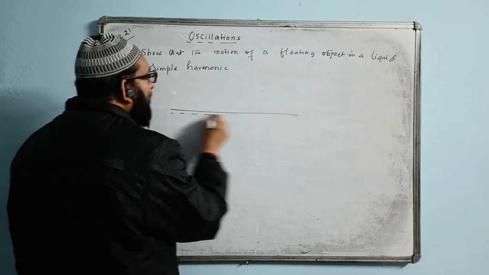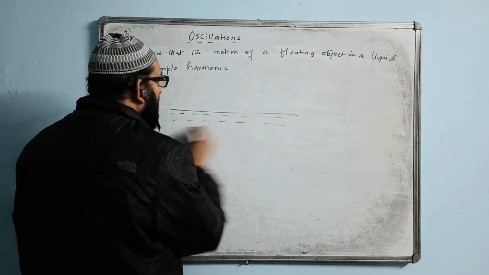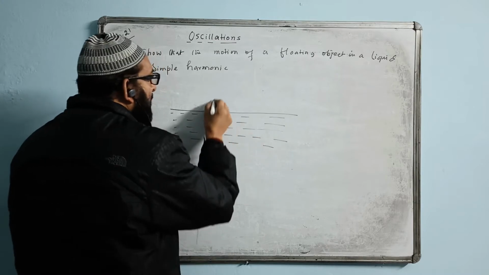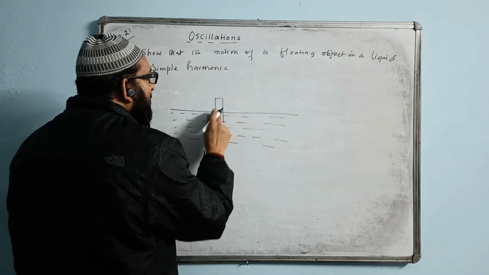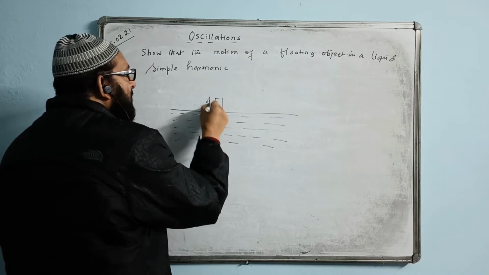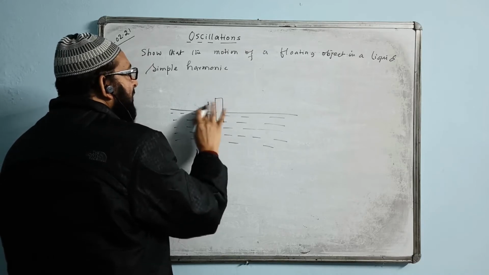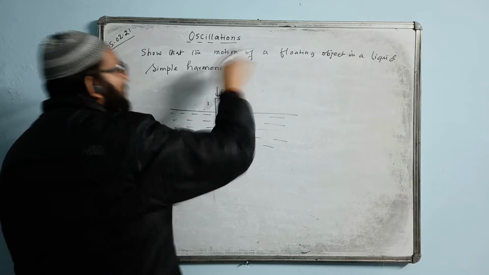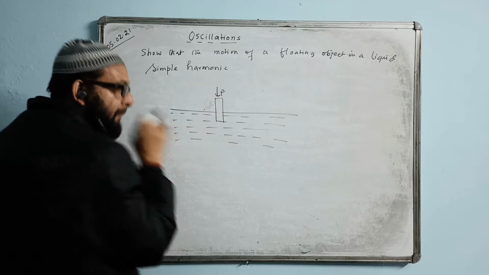So this could be water, could be any other liquid like this. Here we have the floating object. This object will be pressed by a force F. We are giving a force F over here, and we press it down, depress it, and when we release it, it returns back.